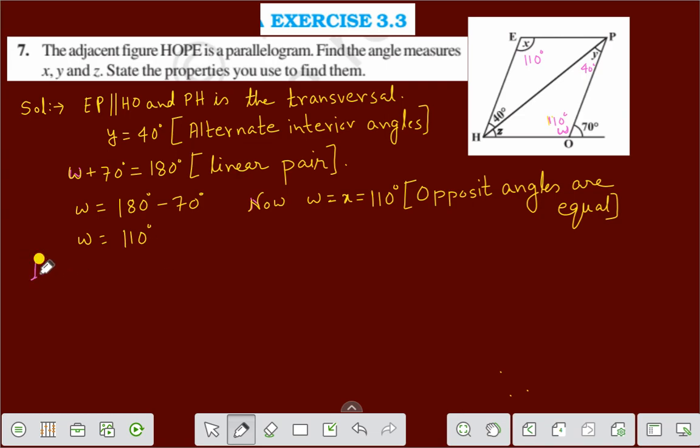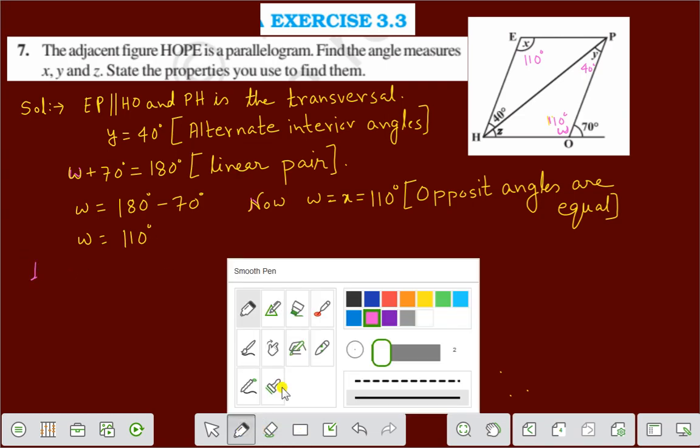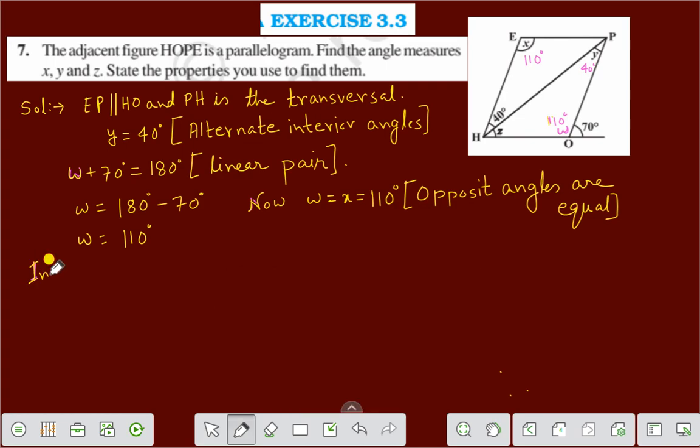Now in triangle HOP, angle Y plus W plus Z is equal to 180 degrees. What is the reason?